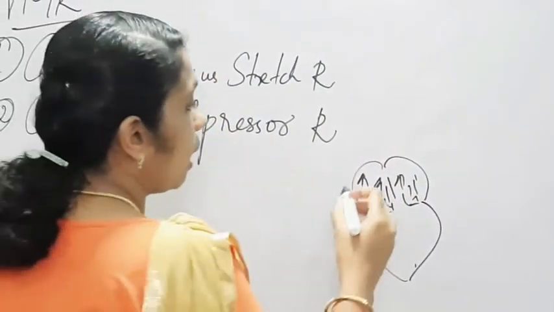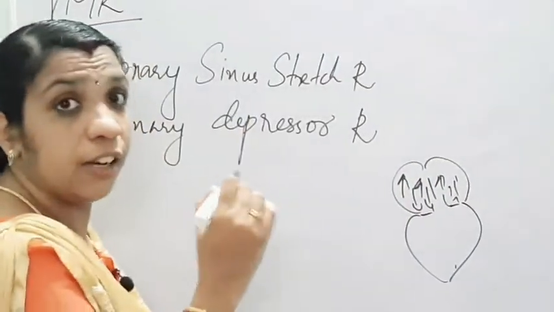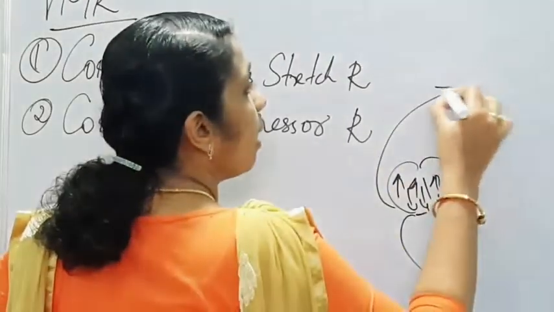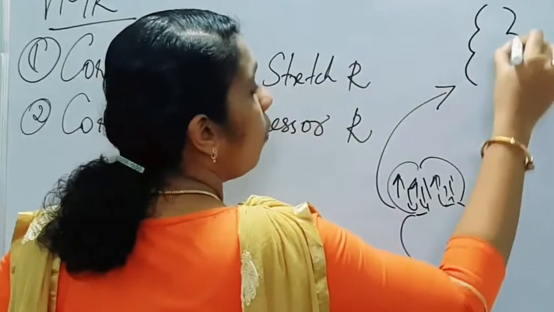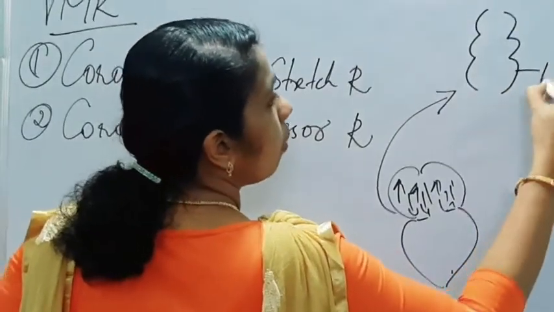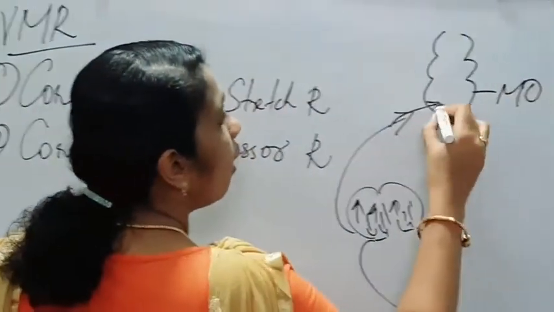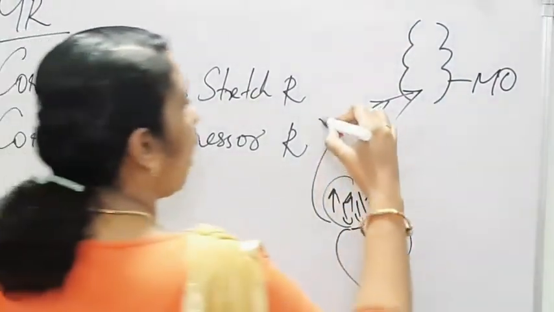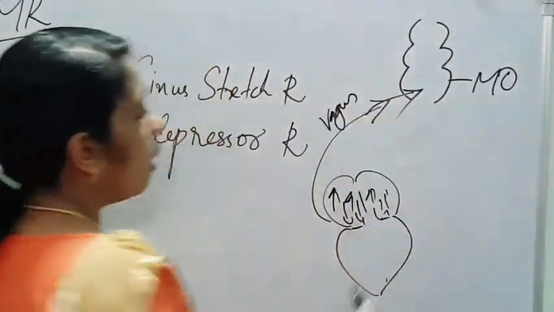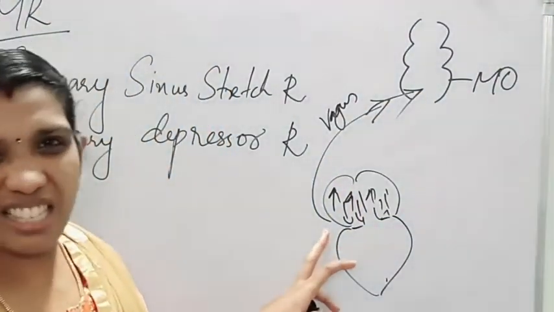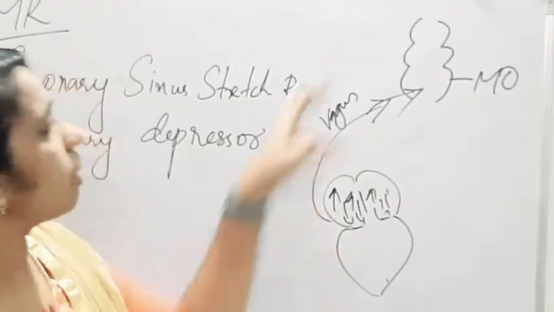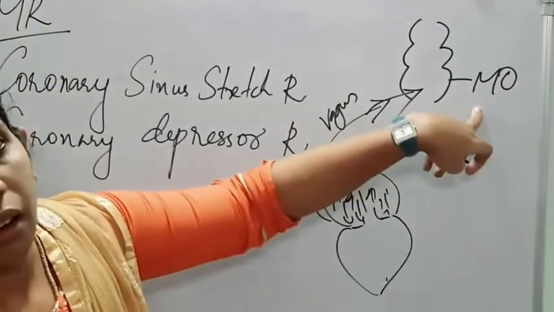Through the vagus nerve, this reflex, the stretching due to increased volume, is carried to the medulla oblongata.